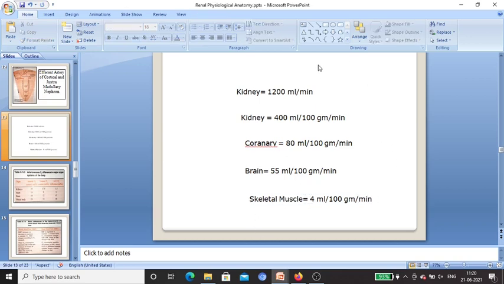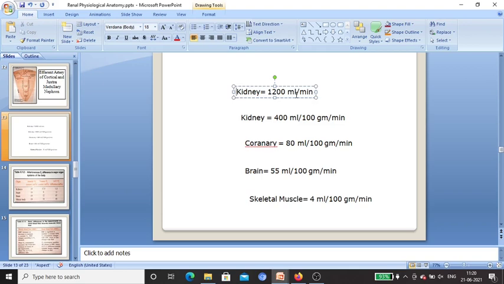So see here, the kidney as a whole is receiving 1200 ml per minute. That means in one minute, 1200 ml of blood is going to the kidney. If we talk about per 100 gram of tissue, the kidney receives 400 ml per minute per 100 gram of kidney tissue, while the heart receives only 80 ml per 100 gram of its tissue per minute.